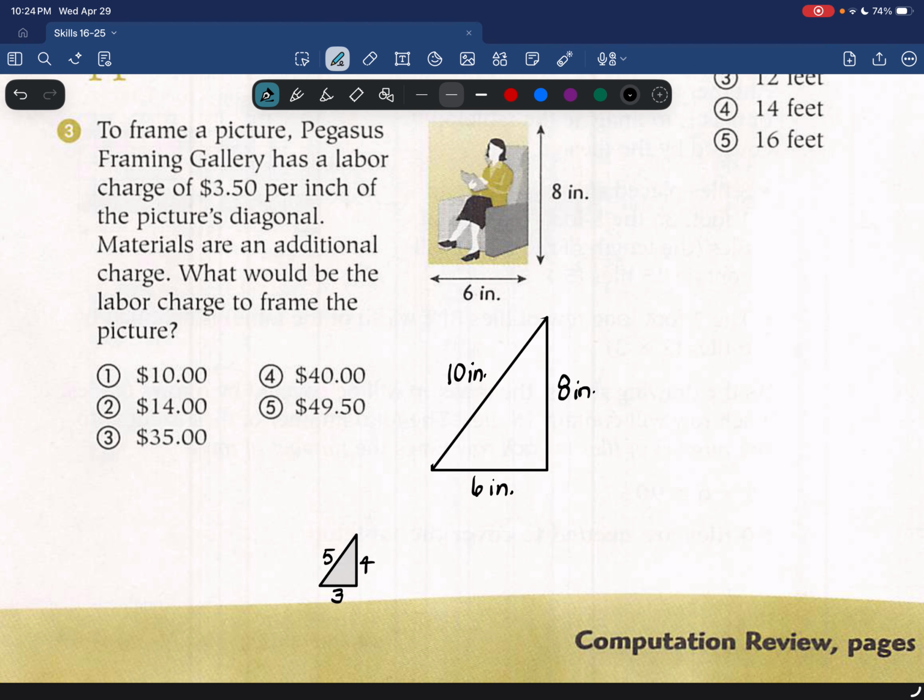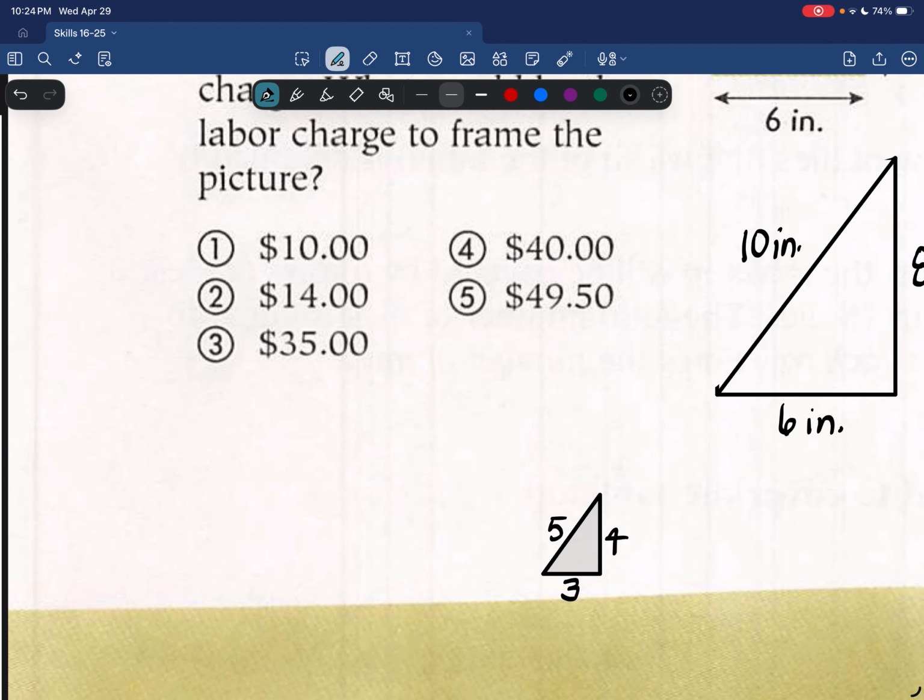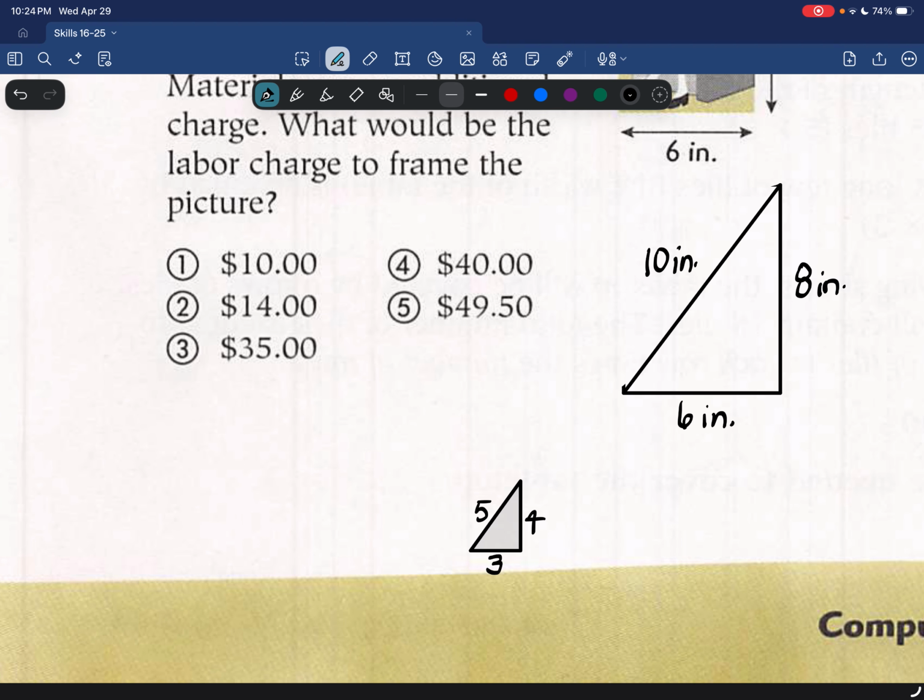If you recognize that it's the mama to this baby, you can shortcut. If you don't, here's what you would do. You would take your 6 and 8. So we have a squared plus b squared equals c squared. And we know a and b.